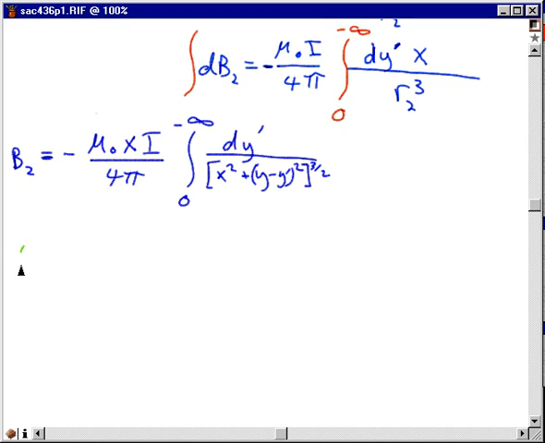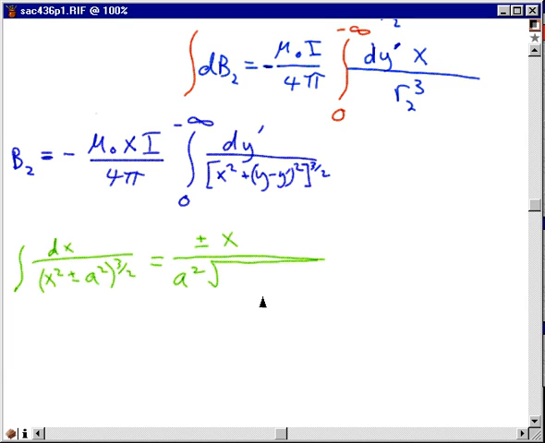I got from the table of integrals one that reads: the integral of dx over x squared plus or minus a squared, all to the 3/2, is equal to, and then call it the antiderivative, plus or minus x divided by the constant squared, times the square root of the integration variable squared plus or minus the constant squared. So we've got something very similar to that.